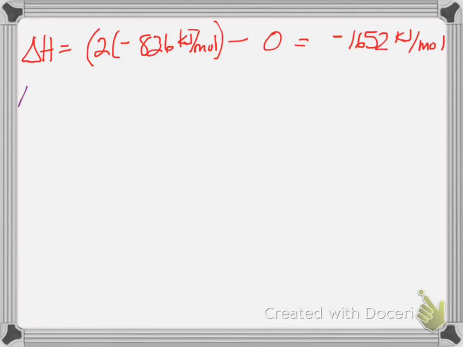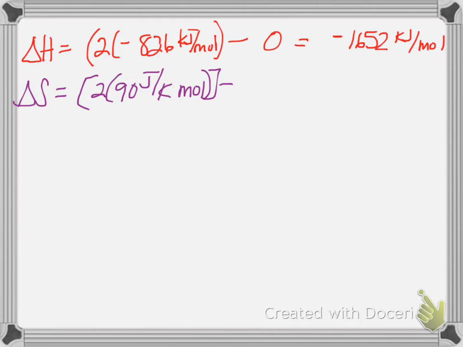So now let's do delta S. Delta S is 2 times 90 joules per K mole, or mole K, however you want to do that, minus, now for entropies, it doesn't matter that they're elements, they still have values. Remember, entropy is the oddball out.